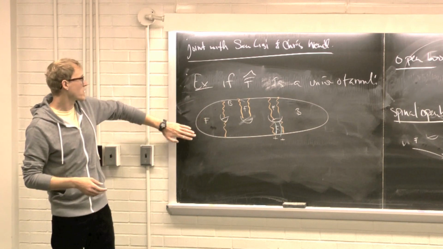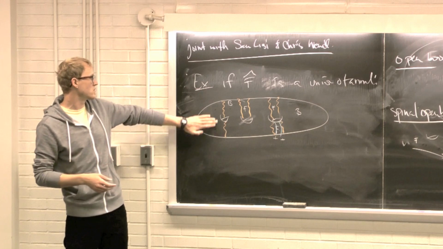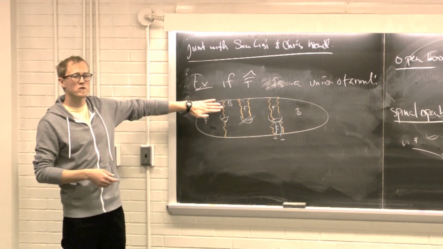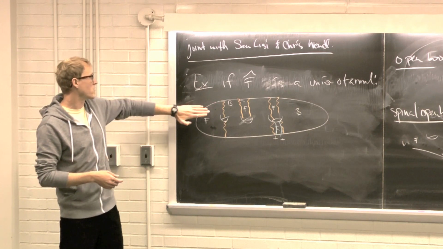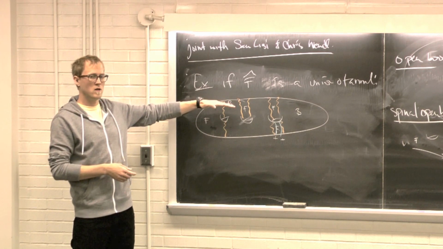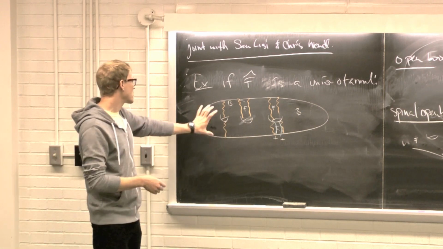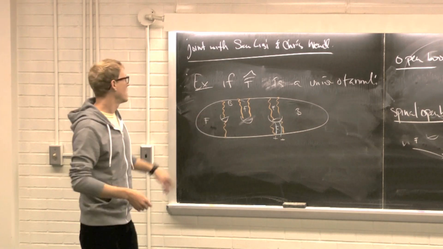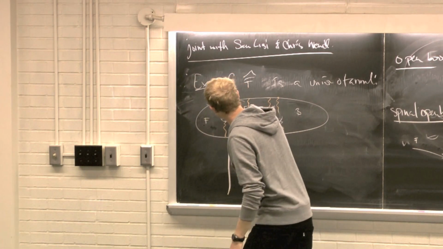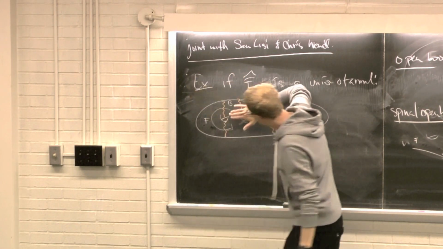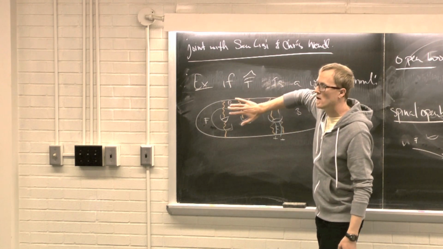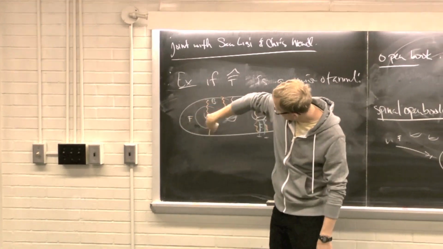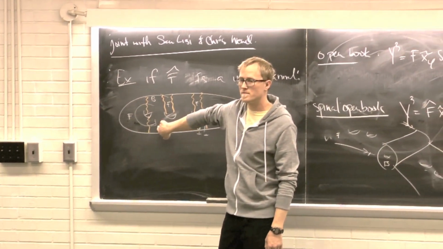What this is, is something where the contact planes are roughly tangent to the surface here, but as I go across this squiggly line, as I go across what we call the interface torus, it's going to rotate up to being vertical. And because we're looking at a picture where all of the copies of F are annuli, as I cross around this region here, I'm, say, tangent to B, and I rotate up to being, say, vertical at F, and then I flip back over to being tangent to B over here.